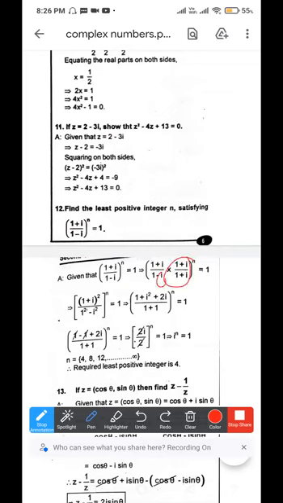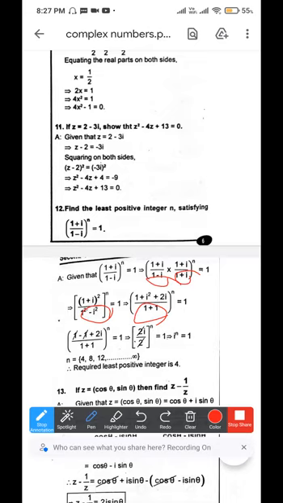We have a minus in the denominator, so we are multiplying and dividing by plus. Then what will happen? a plus ib into a minus ib is equal to a square plus b square. Then we have 1 plus i whole square in the numerator. So we'll get 1 plus 1 in the denominator and 1 plus i square plus 2i in the numerator.